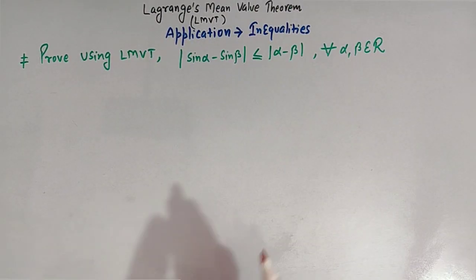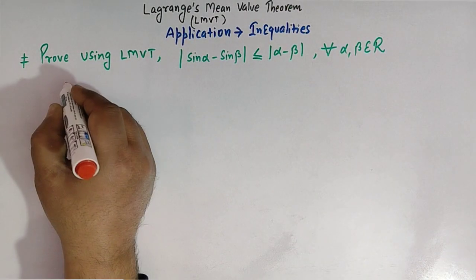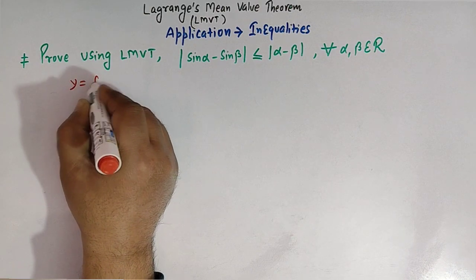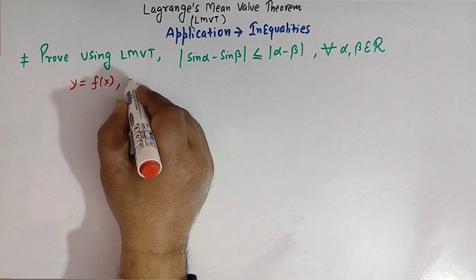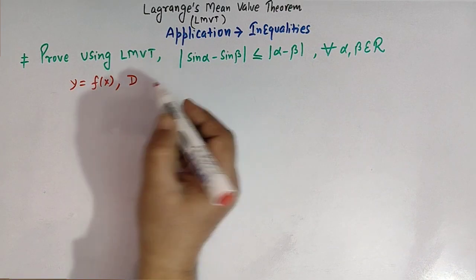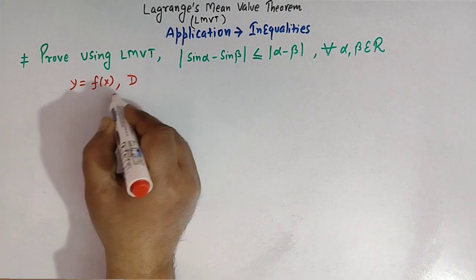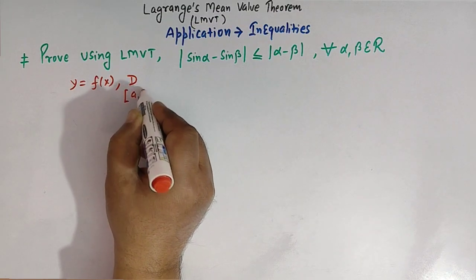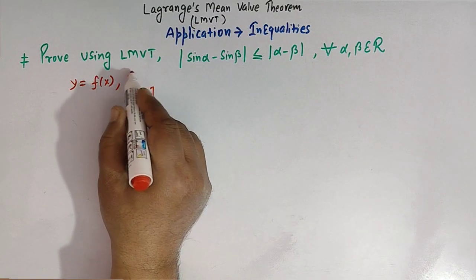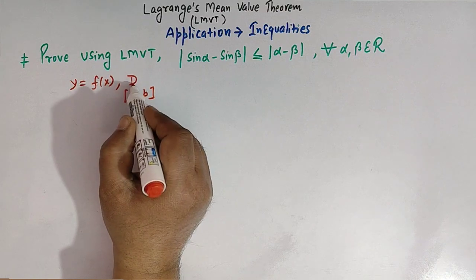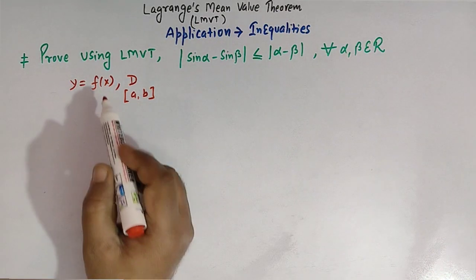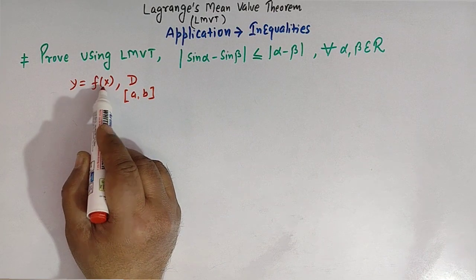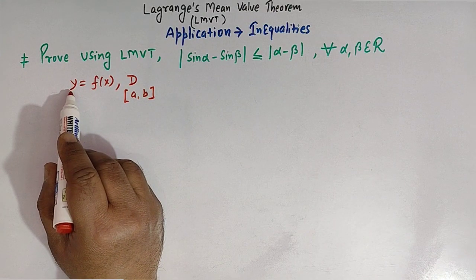Now we know that suppose we have a function, say y is equal to f of x, which is defined in some domain D, and let us take an interval that is a comma b, which is a subset of this domain D, right? So here x is the independent variable and y is the dependent variable.